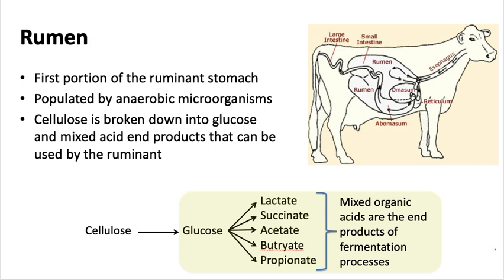The rumen is a specialized stomach found in deer and cattle. And the rumen is populated by anaerobic organisms that do cellulose breakdown and fermentation. So here's what happens in the rumen. First, cellulose is broken down by cellulolytic bacteria.